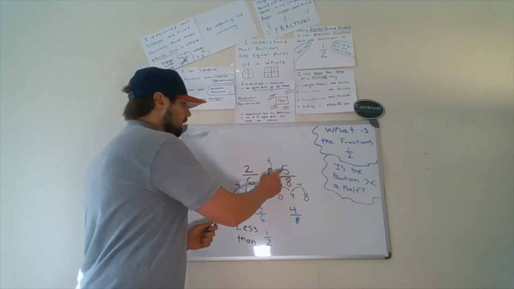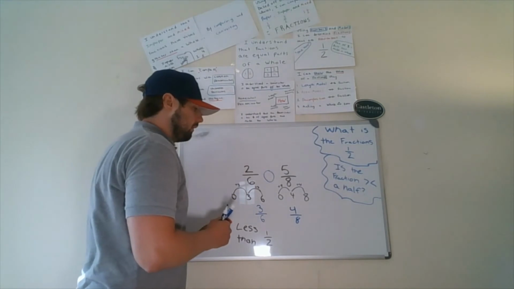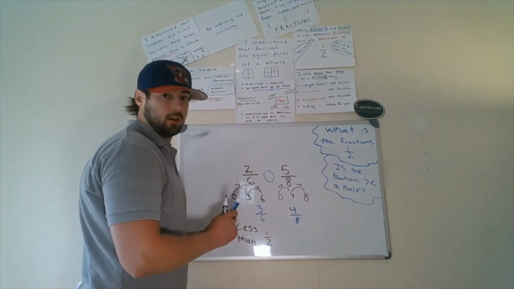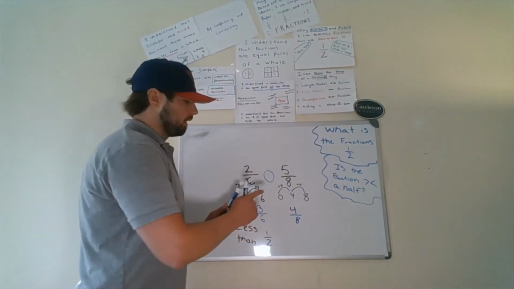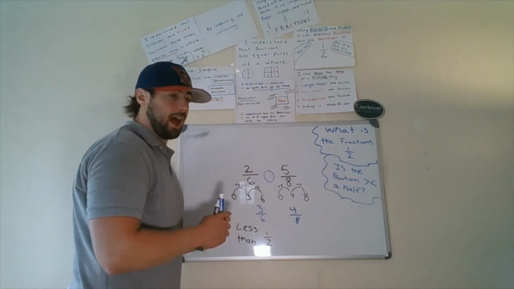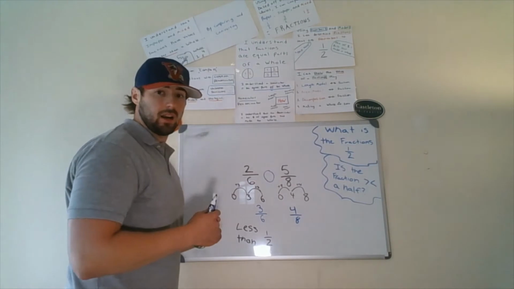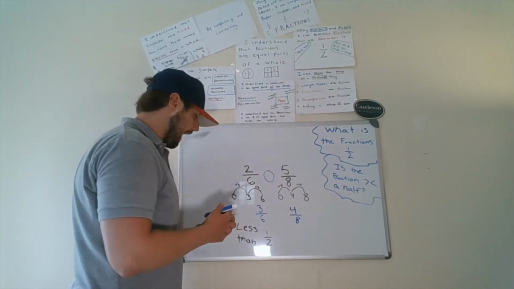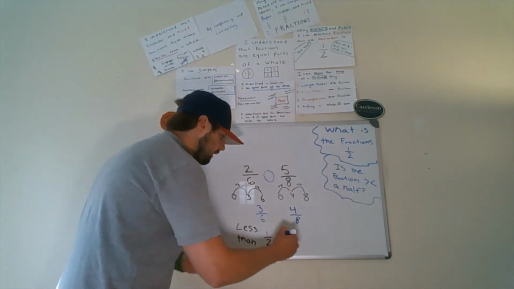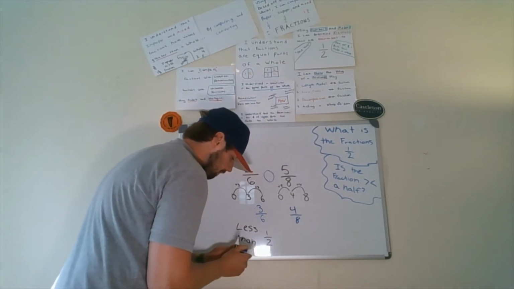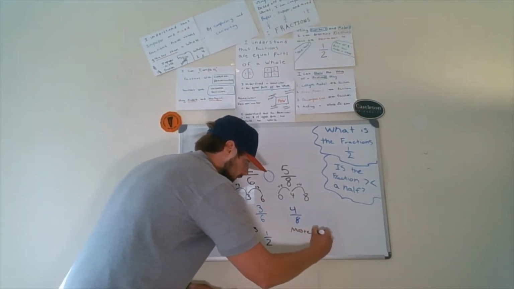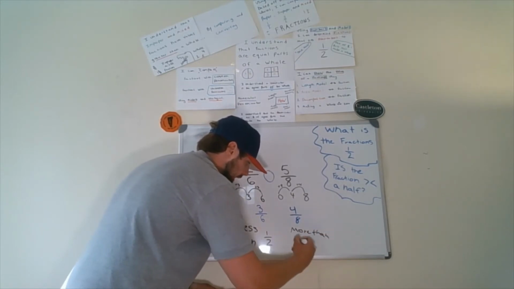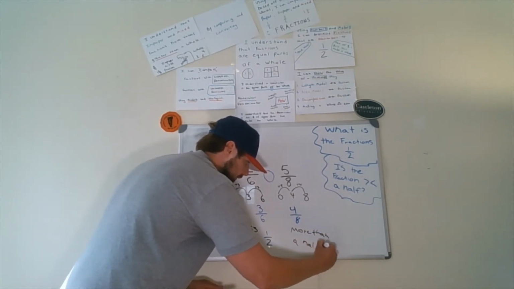So, 5/8 would certainly be bigger than its half, because 4 is in the numerator of the half, and I have one more part greater than a half. It is indeed more than a half.